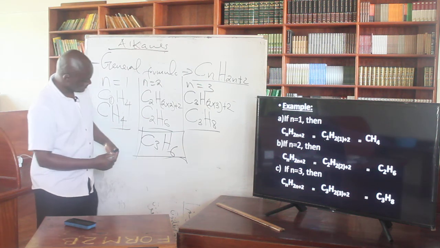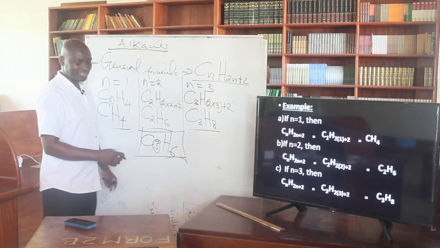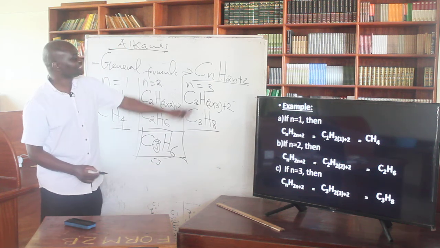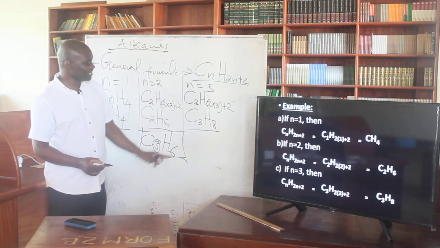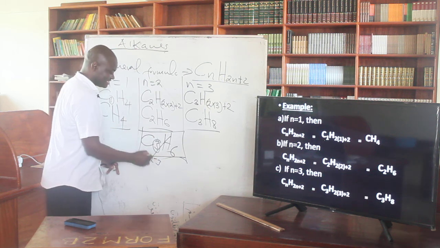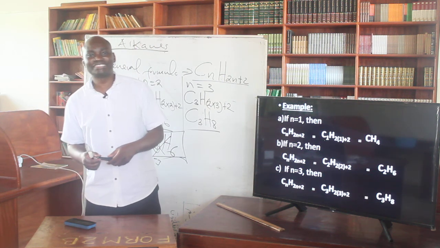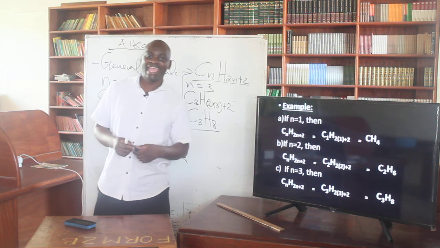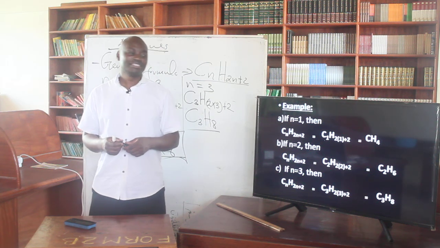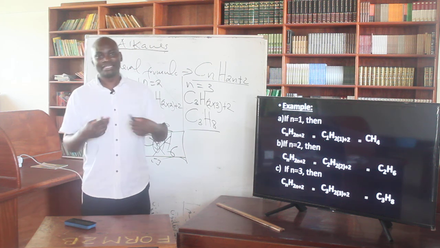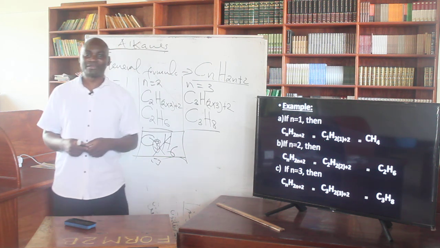Because n is the number of carbon atoms, n is 3. So does it fit this formula? No. This one is not an alkane. So alkanes normally have a general formula of CnH2n+2. That brings us to the end of the first segment. Let us meet again in the second segment. Thank you.